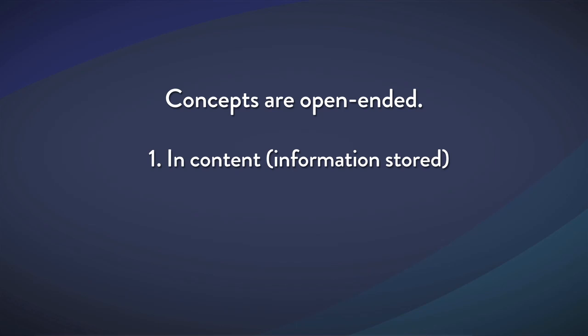So they exist to hold your knowledge, and when your knowledge grows, of course, your file for that knowledge has to expand. The second way the concepts are open-ended is in application. You come across a new concrete, a new dog. The information in the file applies to that new dog even though you've never seen it before.